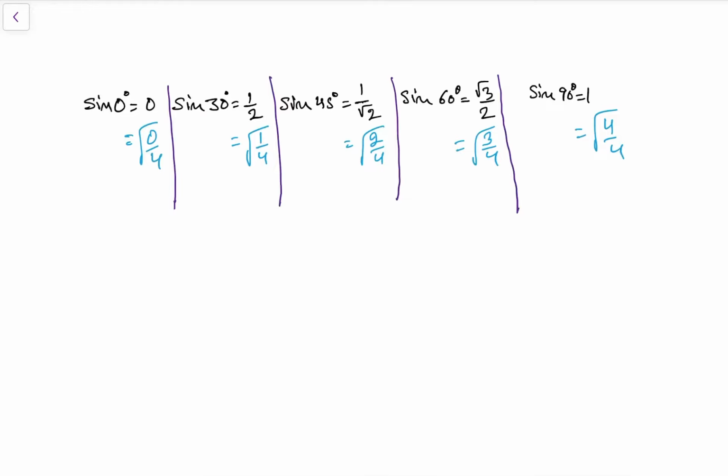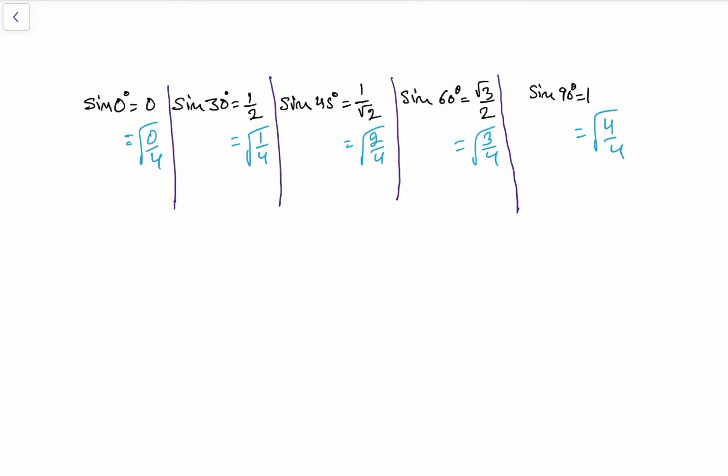So we see there is a pattern. The value is increasing from square root 0 by 4 to square root 4 by 4, and the denominator is the same, 4 in every case, and the numerator is increasing from 0 to 4.